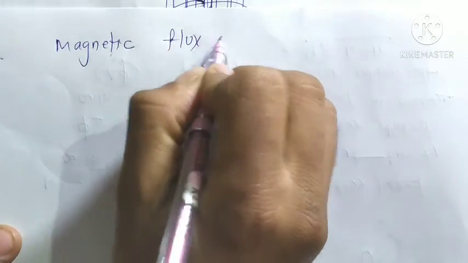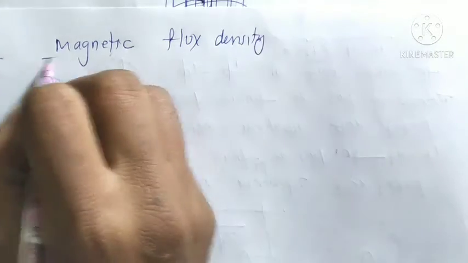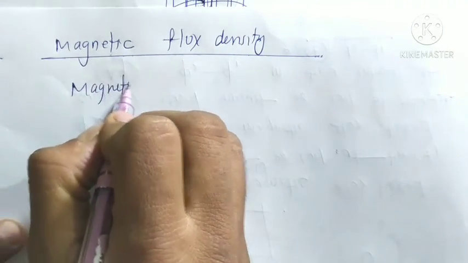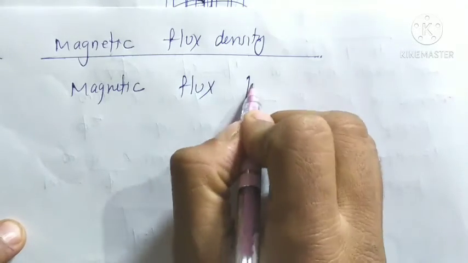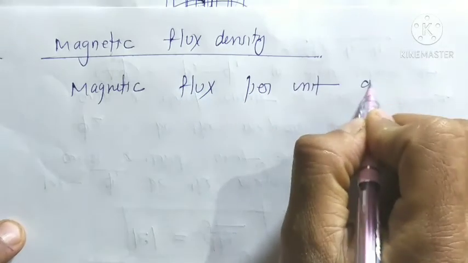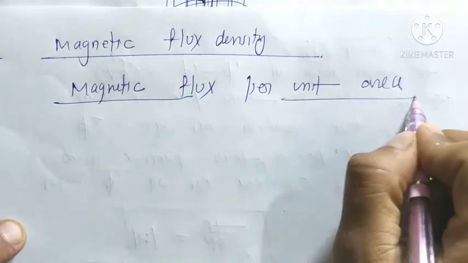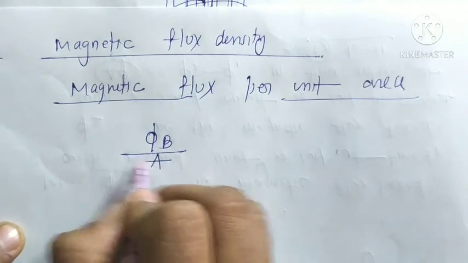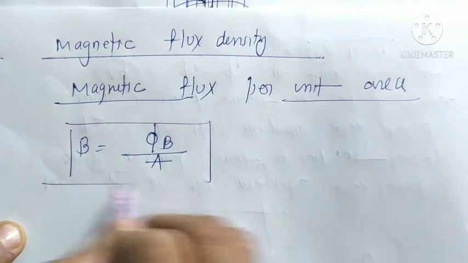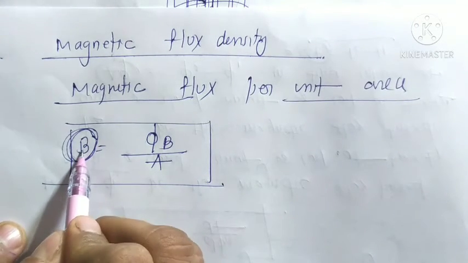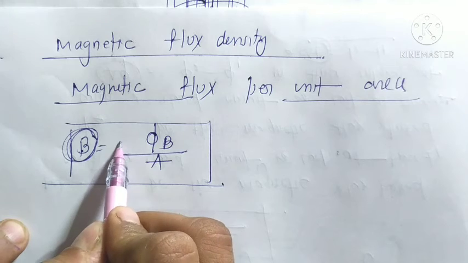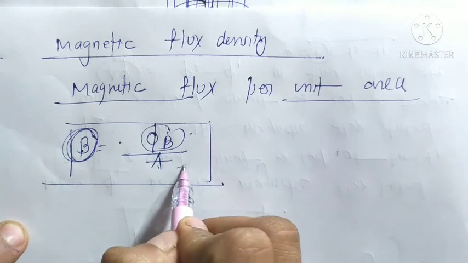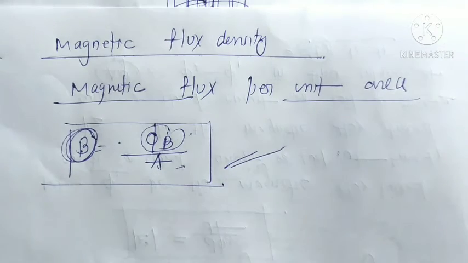It is defined as the magnetic flux per unit area, and we can write phi B upon A. Magnetic flux density B is equal to magnetic flux per unit area. This is called magnetic flux density.